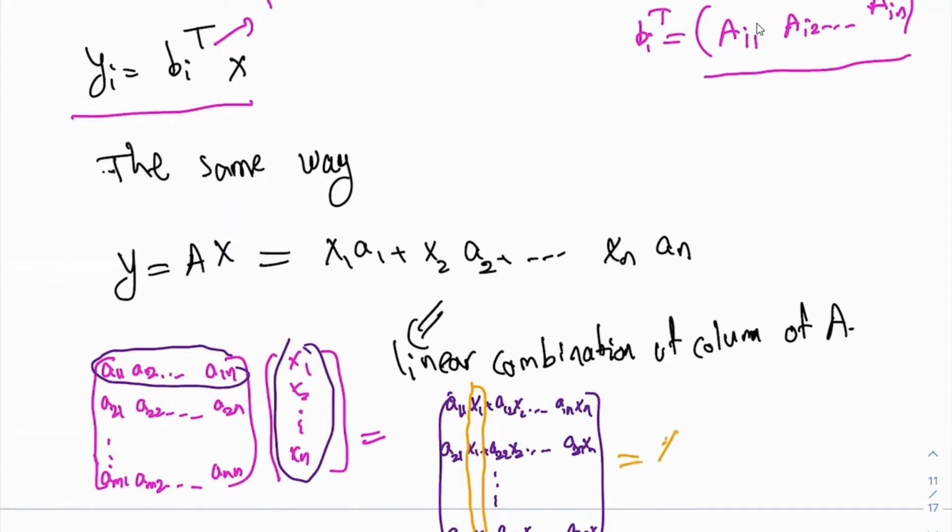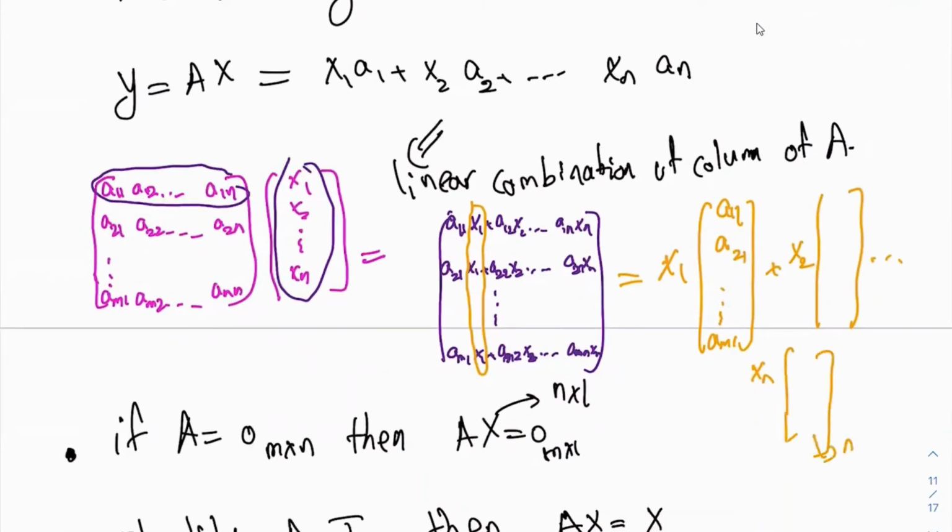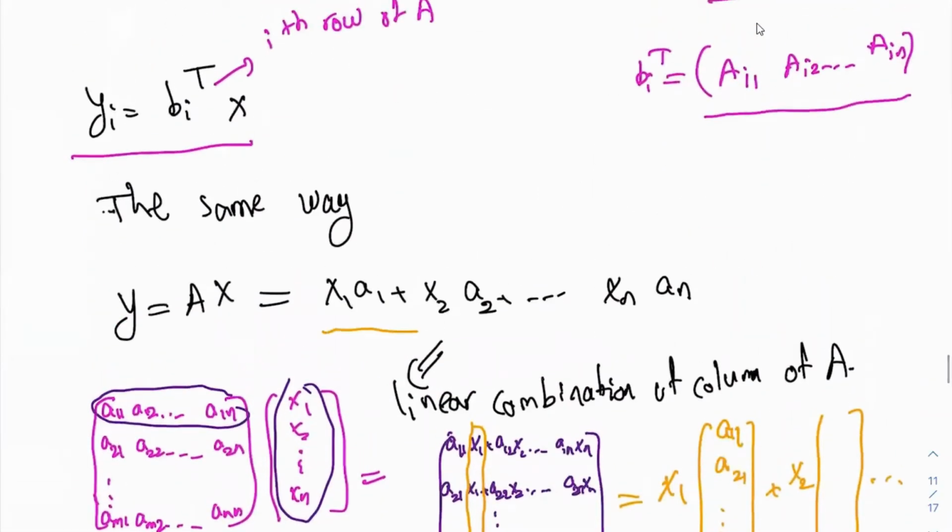So you can, in a sense, write it like this: x1 times a11, a21, all the way to am1, plus x2 times the second column, all the way to xn times the nth column of A. And that's what this one says. Remember the definition we had for a block vector, and then as a tall matrix, we talk about this ai as the ith column of A.